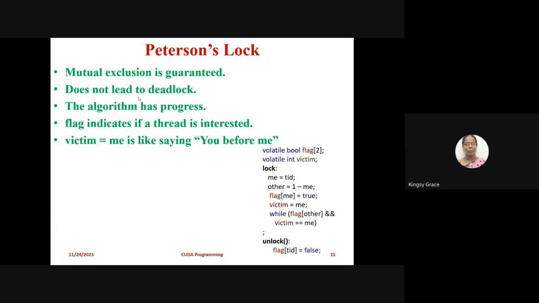So if any process is accessing and goes into the critical section, completes, and comes out of the critical section. Okay, so here one additional variable, a flag, is used. The flag indicates that the thread is interested in accessing the memory location.